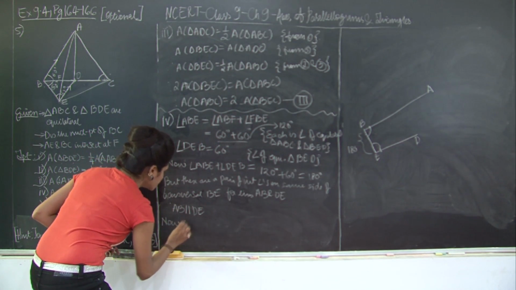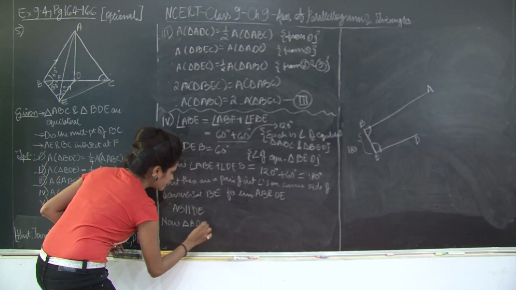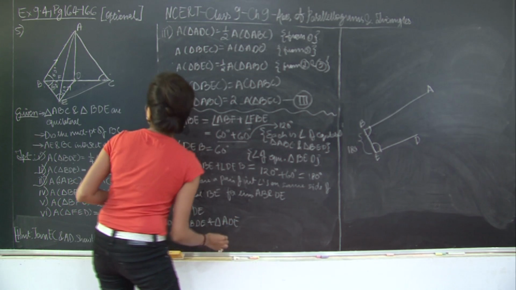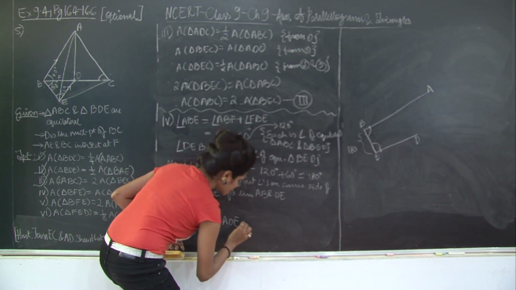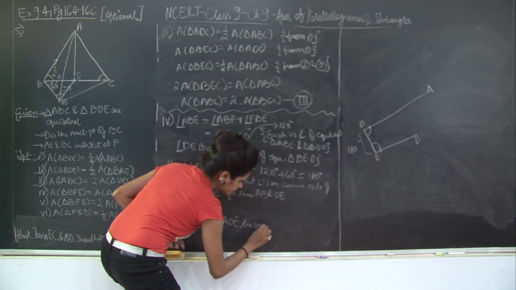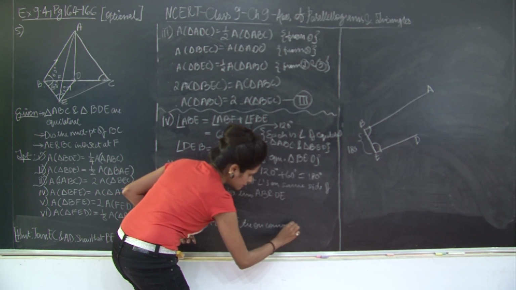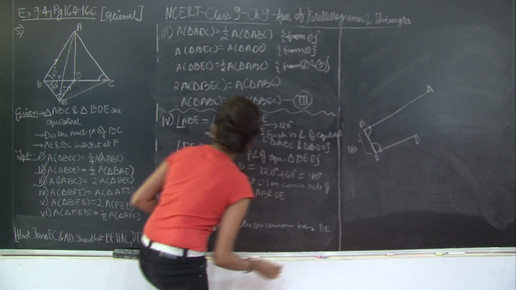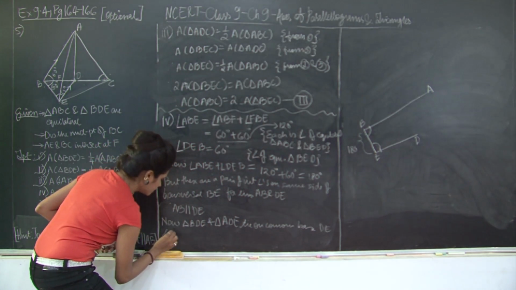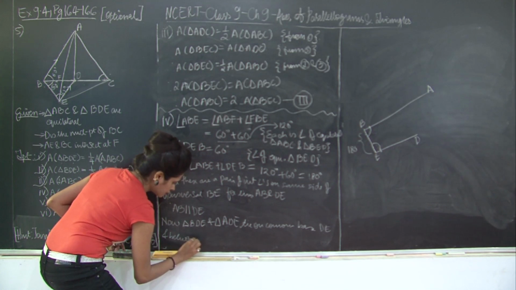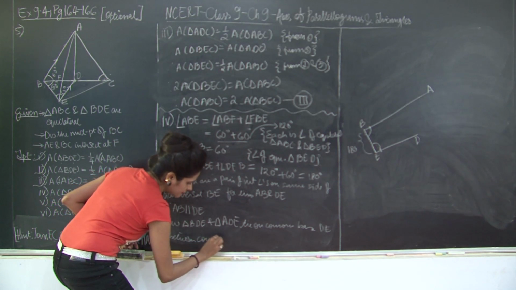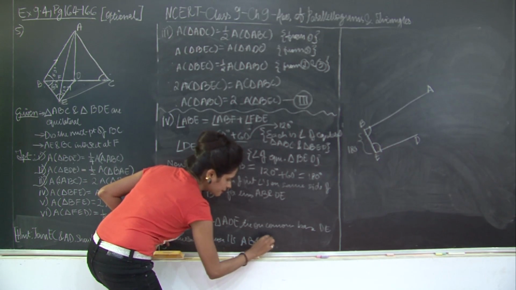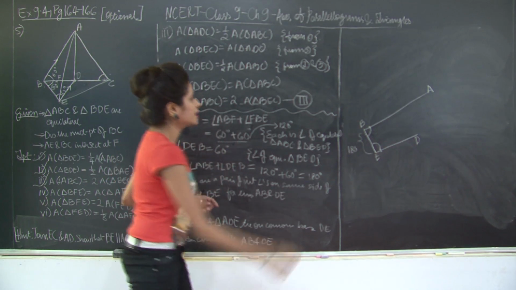Now, triangle BDE and triangle ADE lie on common base DE and between common parallels AB and DE, right.